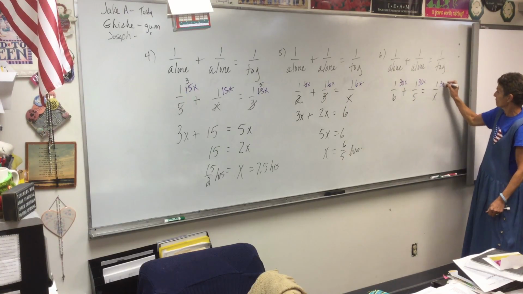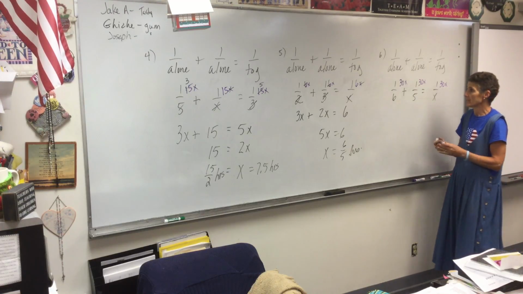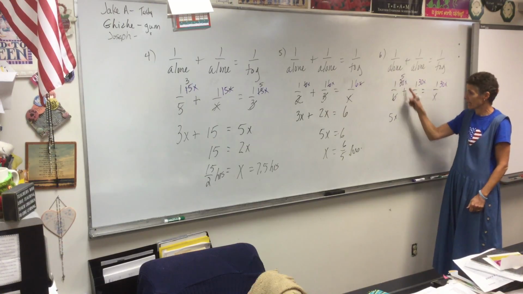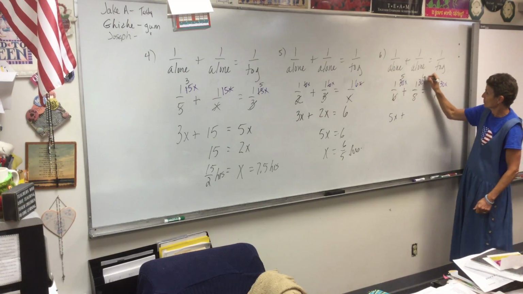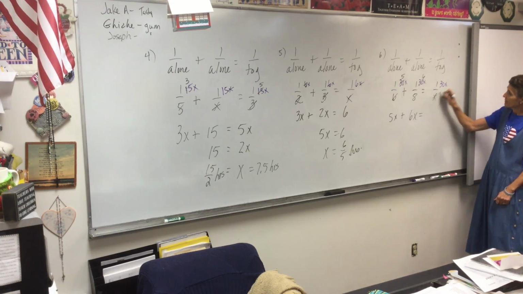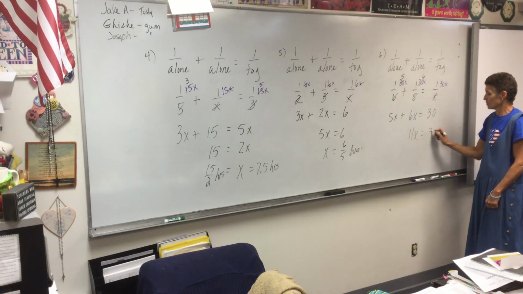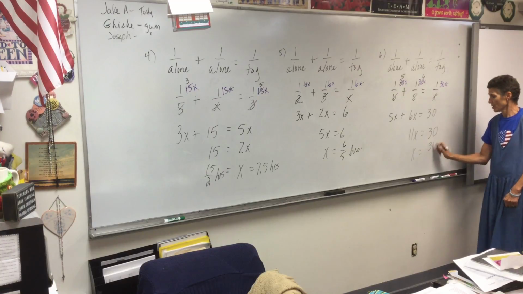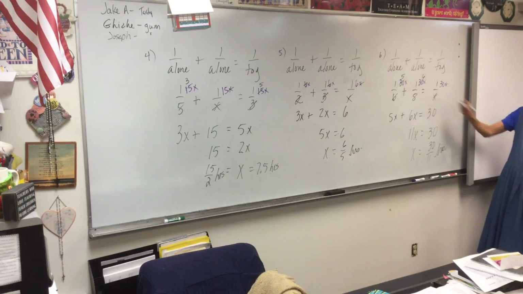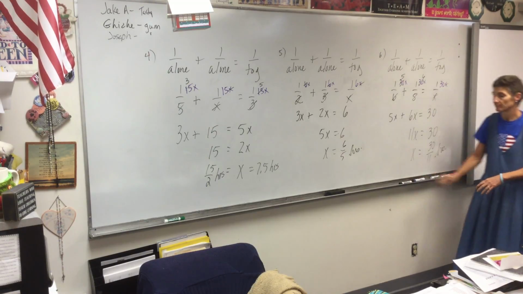So we're going to multiply everything by 30x. 6 goes into 30 5 times, so that's going to cancel and leave you with 5x. 5 goes into 30 6 times, so that's going to cancel and leave you with 6x. And the x's cancel and leave you with 30. So 11x equals 30, and x equals 30/11 hours. So together, it takes them 30/11 hours.